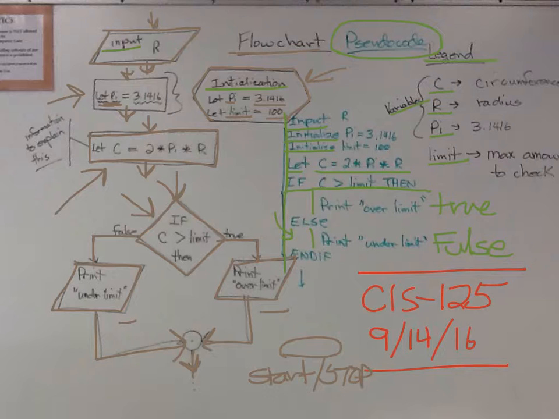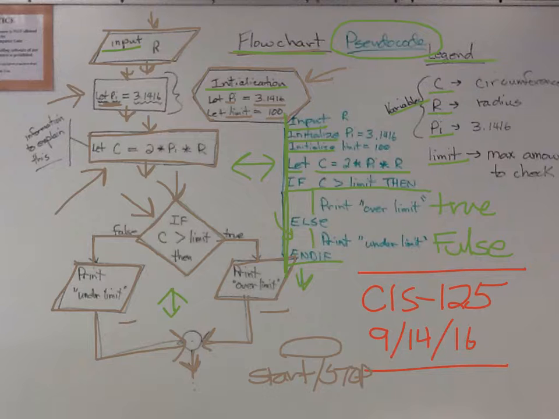If-then structure. Always comes back together, and here it goes. So it's this same structure right here. So we were supposed to be able to make the relationship between pseudocode and flowchart.